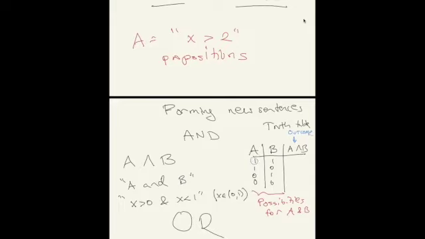Here, 1 means true, and 0 is the case where the statement would be false. Because there are two statements, there are 4 possible combinations of these truths. Either both are true, in which case A and B is true. But if either one of them is false, or if both of them are false, then the claim is fully false.